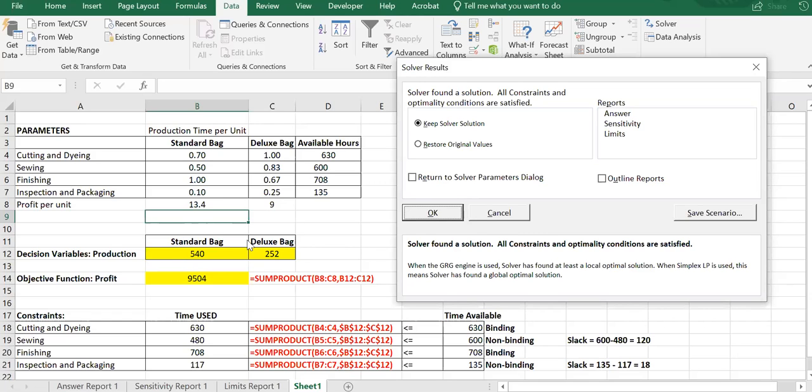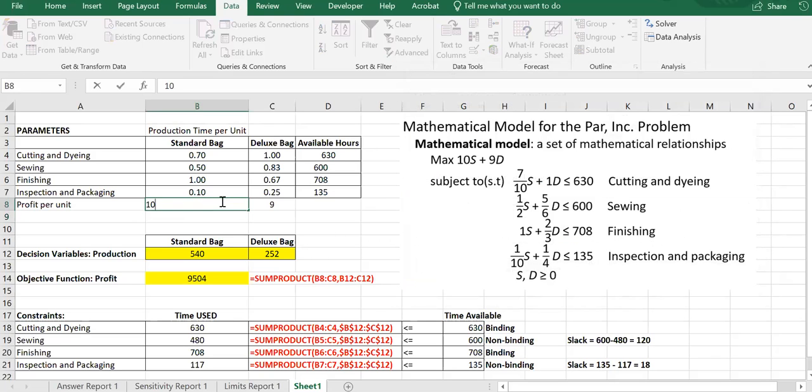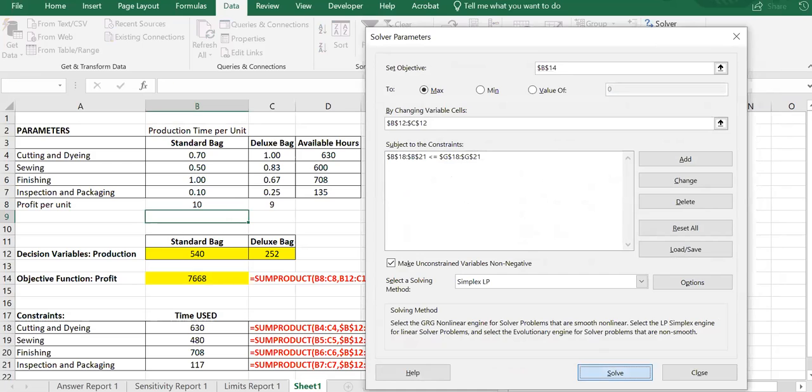I don't need to change this. My production schedule is not sensitive to the profit per unit of standard bag, assuming that everything else is correct, as long as it stays within this range. So I just make it 10 again, just to get back to normal, and then maybe solve it again.